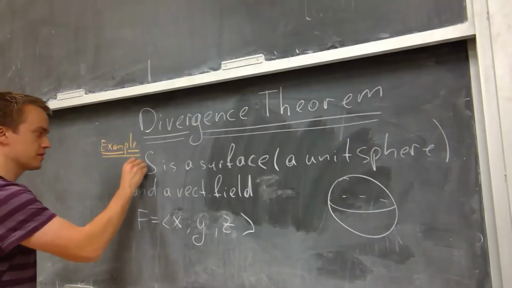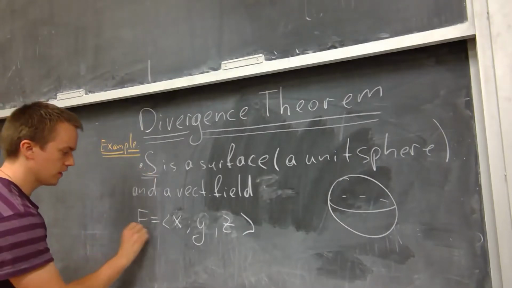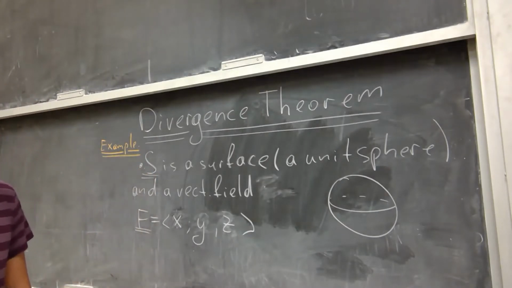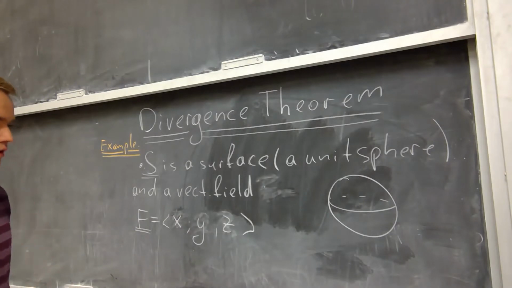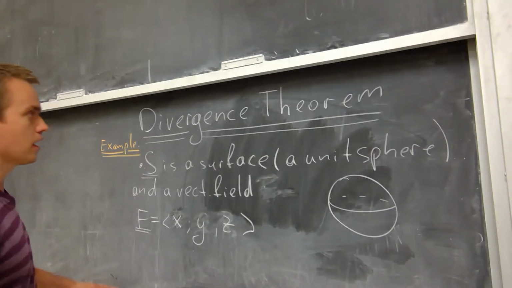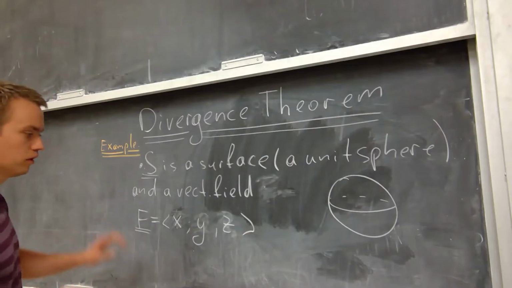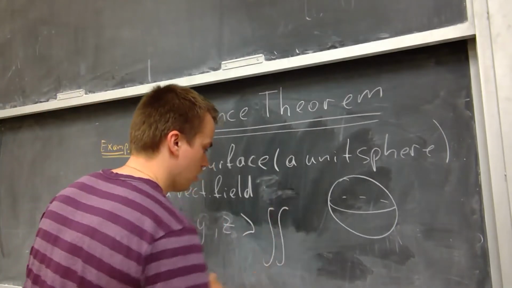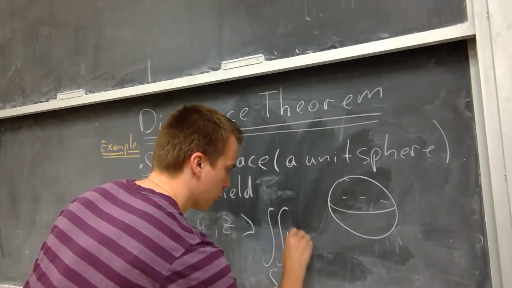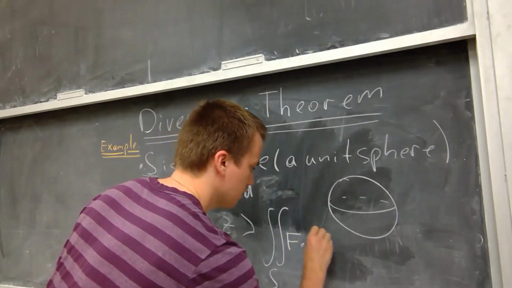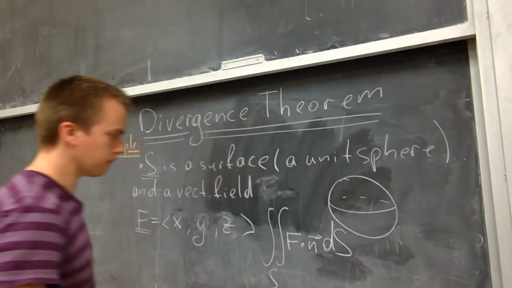So for the given surface S and the given vector field, I want to compute a double integral. What double integral do I want to compute? I want to compute the double integral over the surface S of F dot N dS.